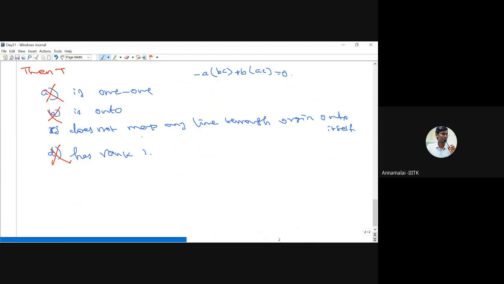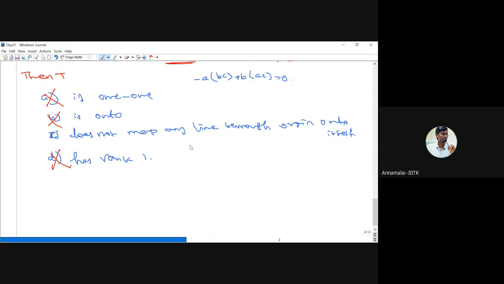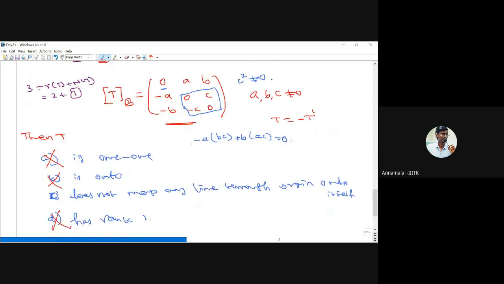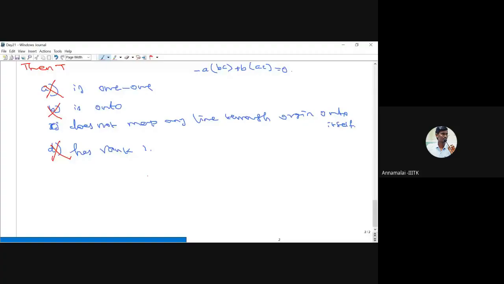So if you take a line equation in R3, ax plus by plus cz equal to 0 is a plane passing through origin.